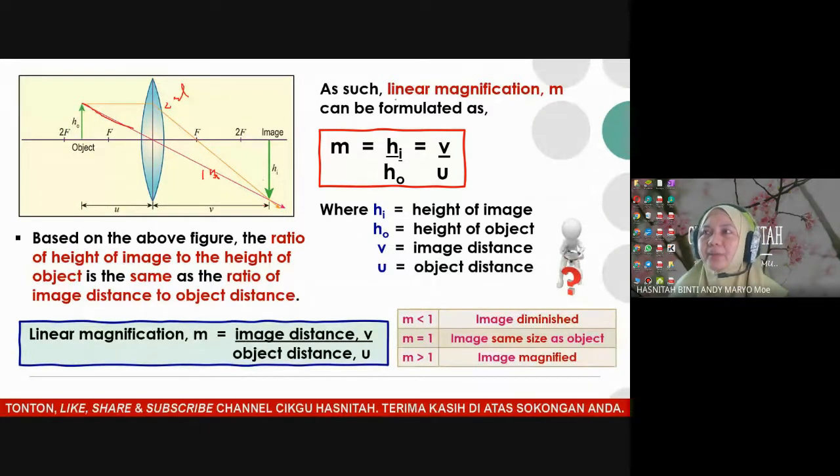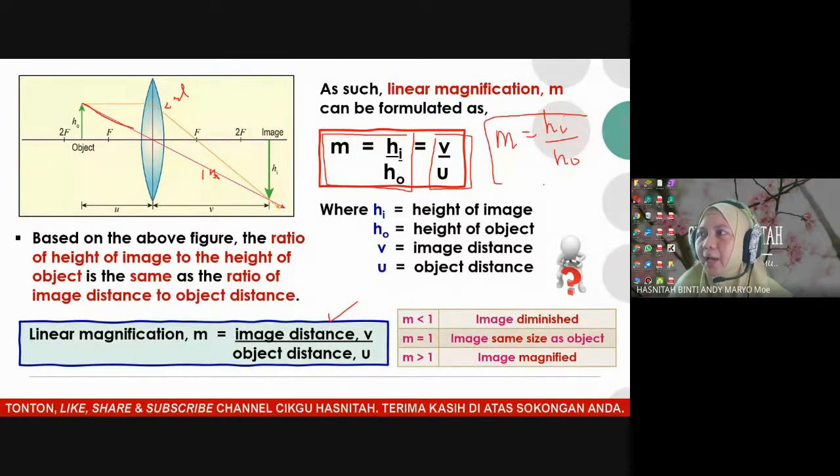So students, to find linear magnification, it can be determined either from the ratio of the height of image to the height of object, or from the ratio of the image distance to the object distance, V over U. Which means we can find magnification either by using the first ratio, height of image to height of object, or by using the second formula, image distance divided by object distance.